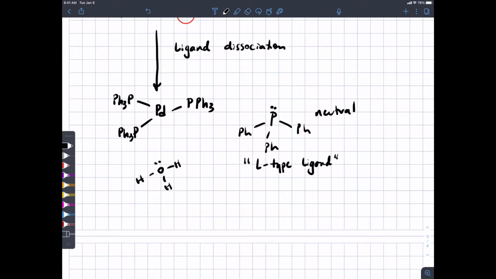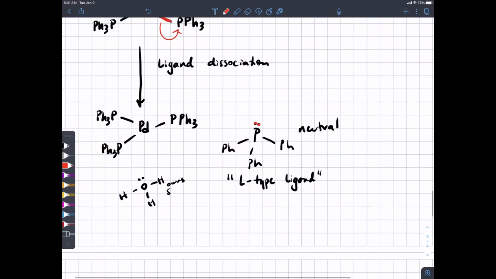So hydronium, water owns 5, right? Here, instead of saying phosphorus owns just one of those two, we're saying phosphorus owns both of them. Okay? So when you see a bond between an L-type ligand and a metal, you need to think those electrons came with the ligand. And then when the ligand dissociates, they left.